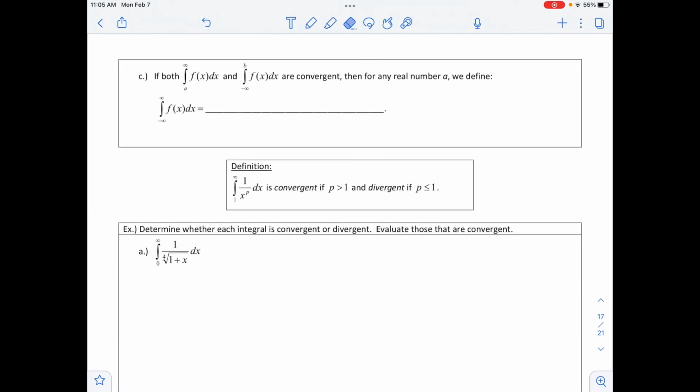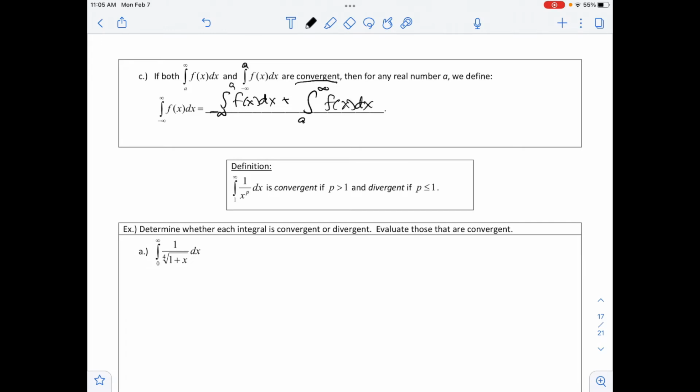Part C says if both the integral from a to infinity of f of x dx and the integral from negative infinity to a of f of x dx are convergent, then for any real number a, we define the integral from negative infinity to positive infinity of f of x dx as the integral from negative infinity to a of f of x dx plus the integral from a to infinity of f of x dx.